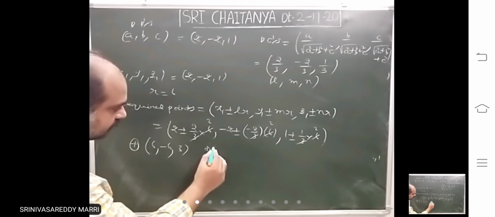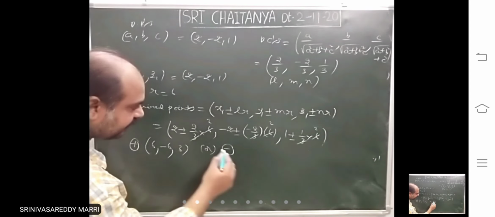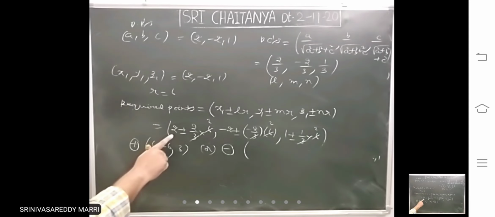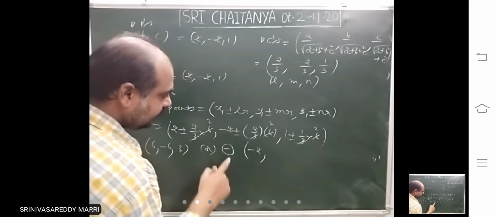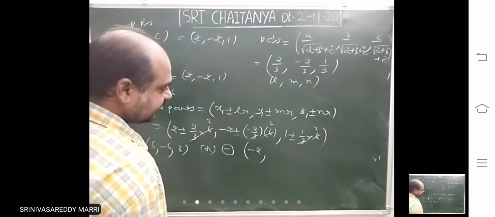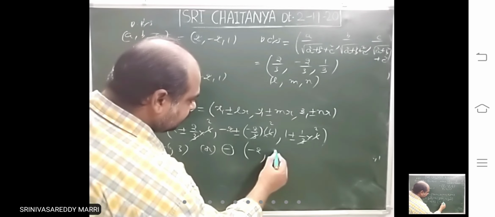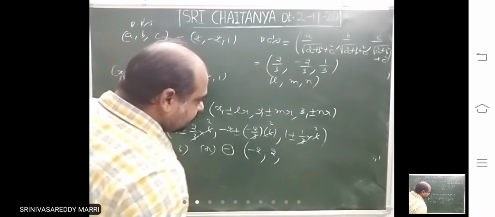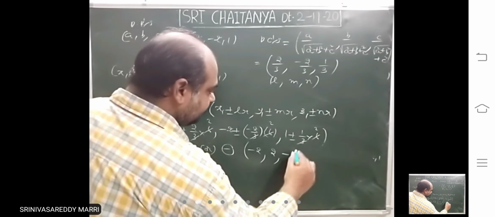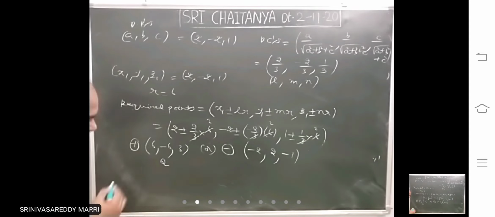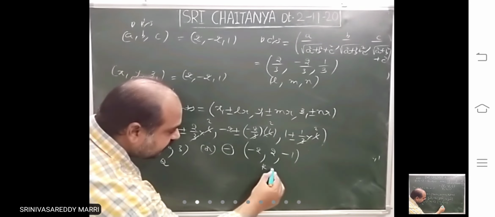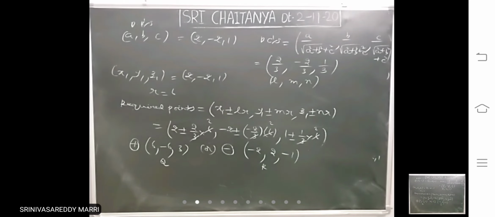Another point is, if you take minus, 2 minus 4 is minus 2; minus 2 minus of minus 4, minus 2 plus 4, that means you will get 2; and 1 minus 2 is minus 1. That means this point is 1 point Q, this point is 1 point R. These are the 2 points you require.